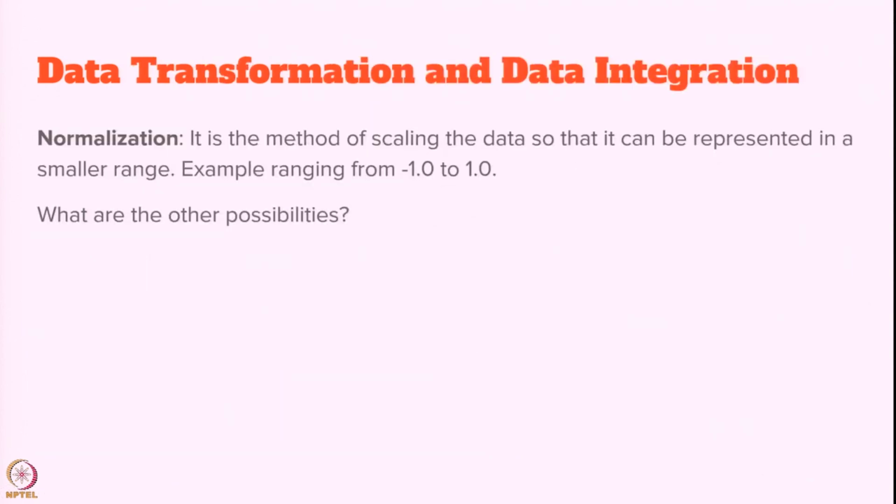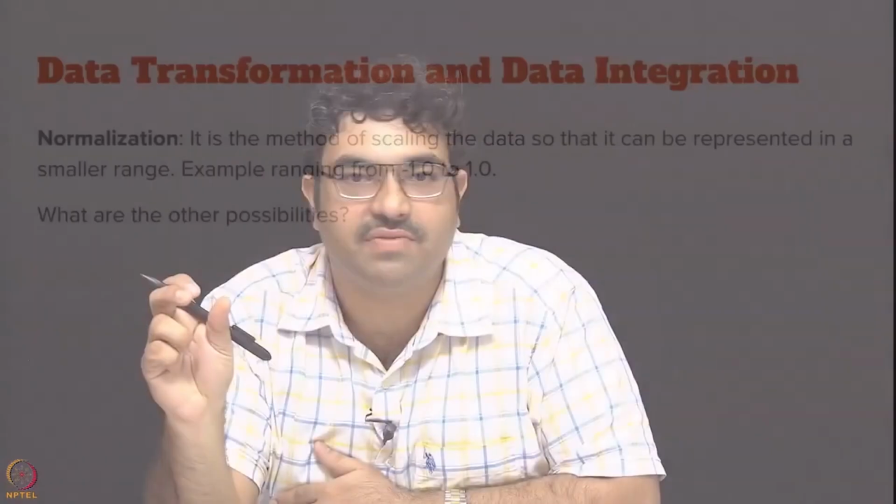Now let us go to the next part, that is data transformation and data integration. What do you mean by data transformation? In data transformation, we are transforming the given data into some other format without losing any information or without modifying the given information. So that is data transformation. One of the techniques used in the data transformation is normalization.